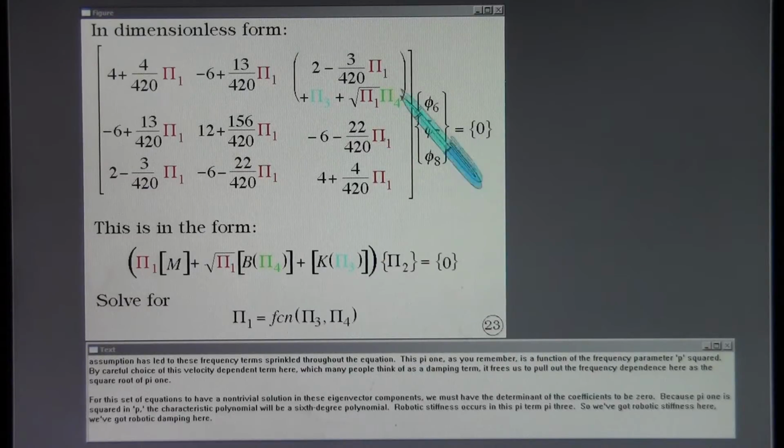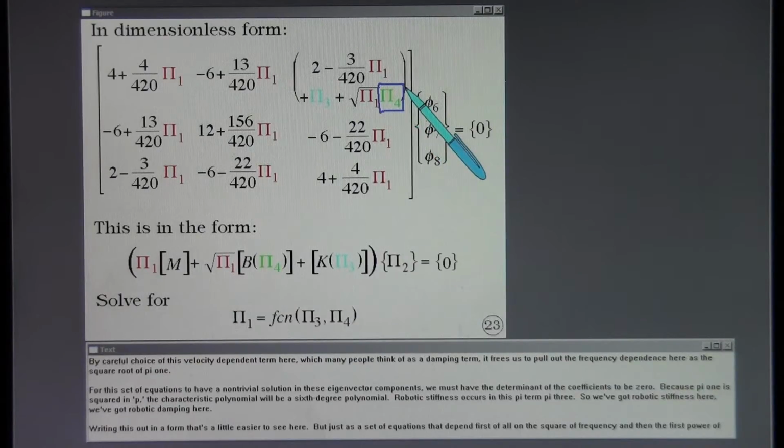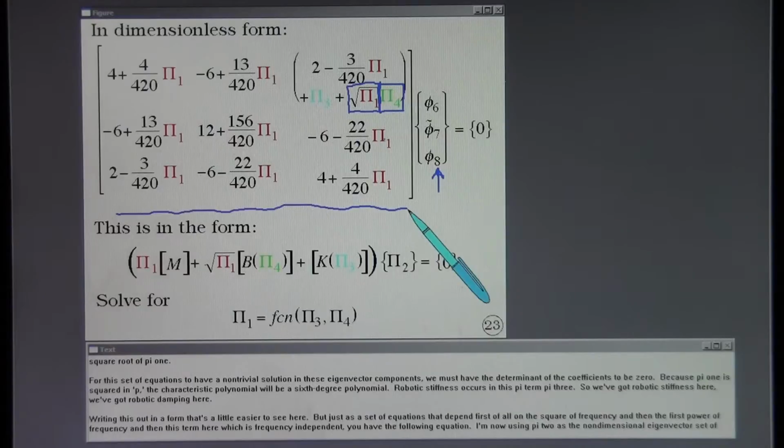By careful choice of this velocity-dependent term here, which many people think of as a damping term, it frees us to pull out the frequency dependence here as the square root of pi 1. For this set of equations to have a non-trivial solution in these eigenvector components, we must have the determinant of the coefficients be 0.